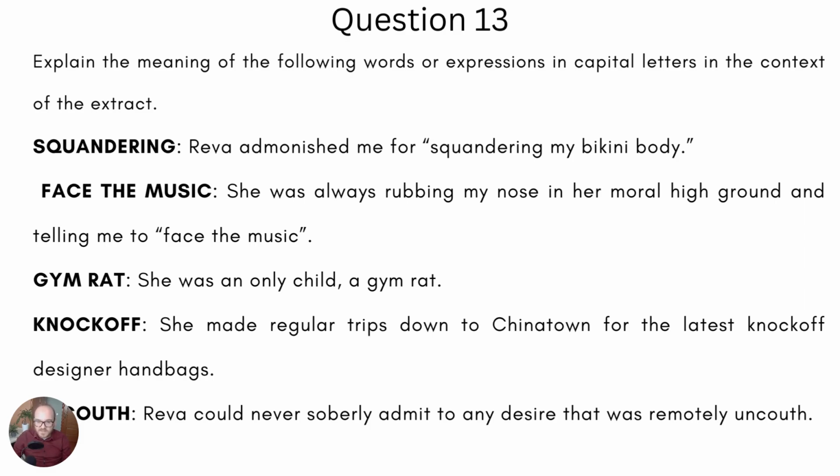In the context of the extract, it refers to the designer handbags that Riva buys in Chinatown. Uncouth means something that is not socially acceptable or not in good taste. Riva cannot admit to anything that is remotely uncouth, meaning that she cannot admit to any desire that is not socially acceptable.